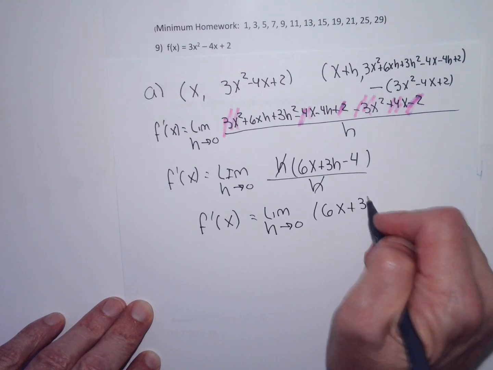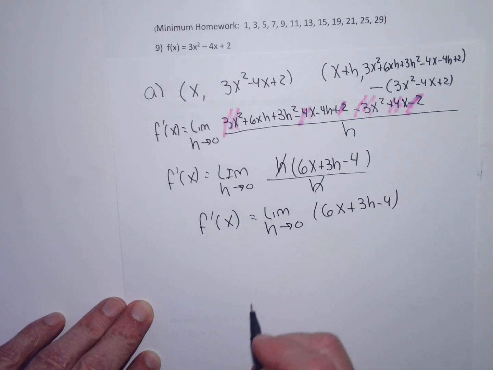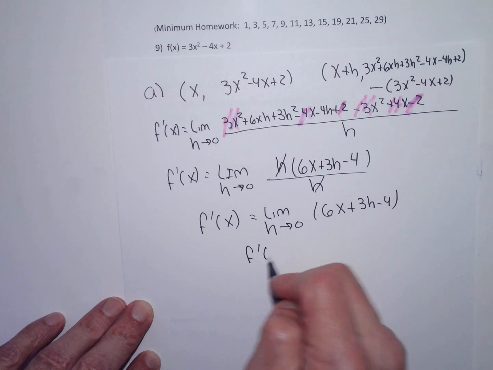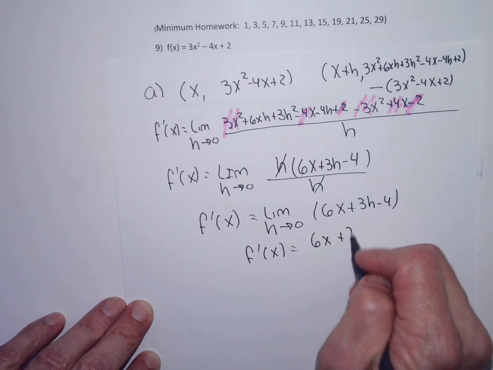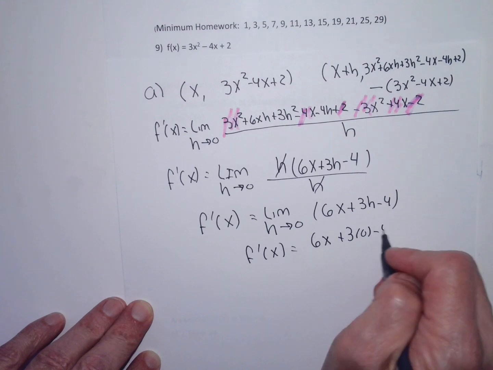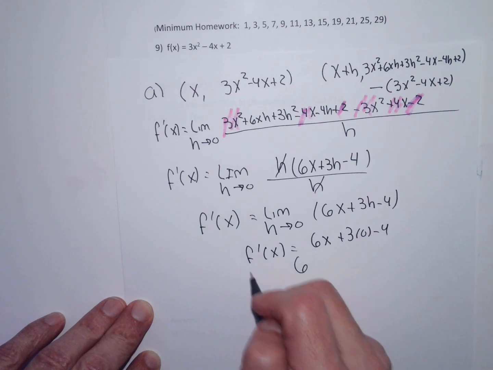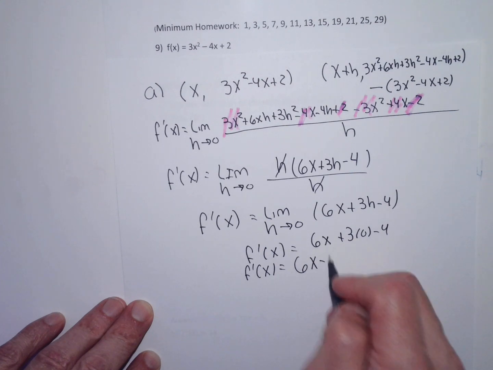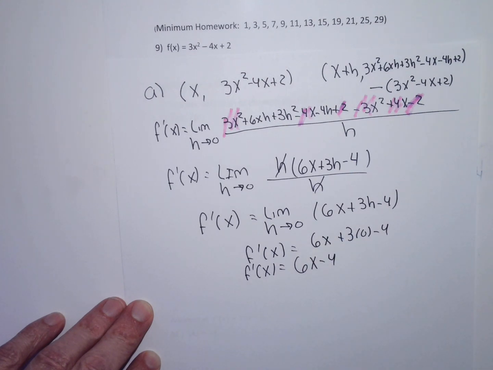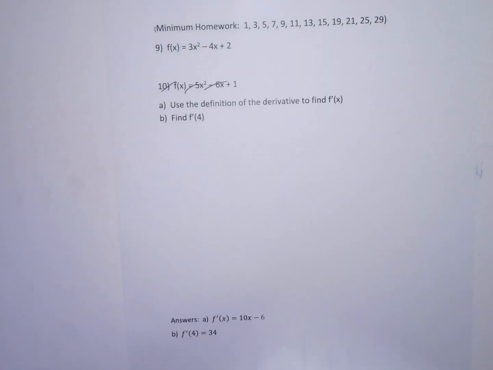I'm going to plug 0 in for h and stop writing the limit, so it's going to be 6x plus 3 times 0 minus 4, and that's just going to give me the derivative is 6x minus 4. So my answer to part A of number 9, the derivative is 6x minus 4.